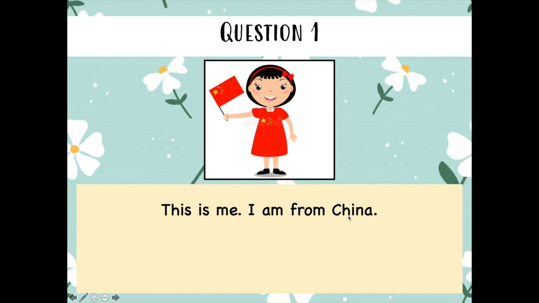Okay, because this is about contractions, you need to find the full form. The full form means you need to find the subject pronoun and also the verb to be. So here I am, okay, this is the full form of the subject-verb agreement just now. You need to change this into contraction.